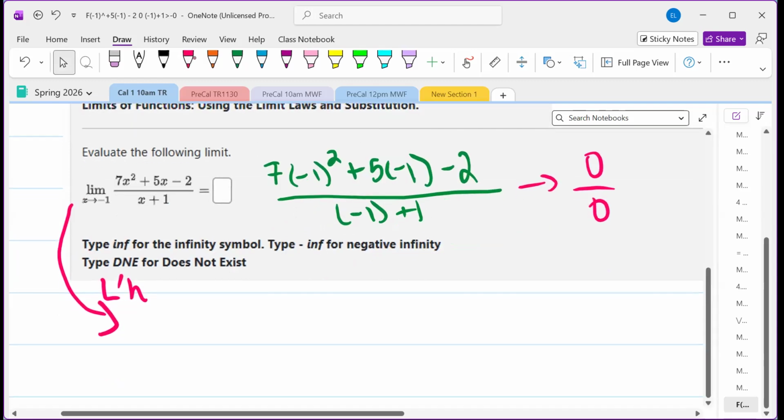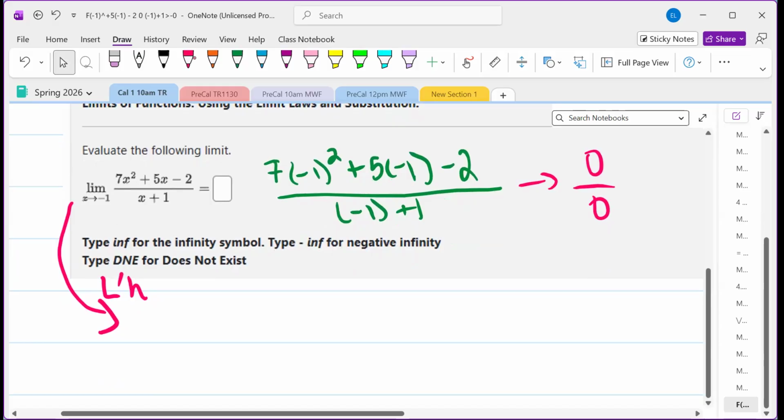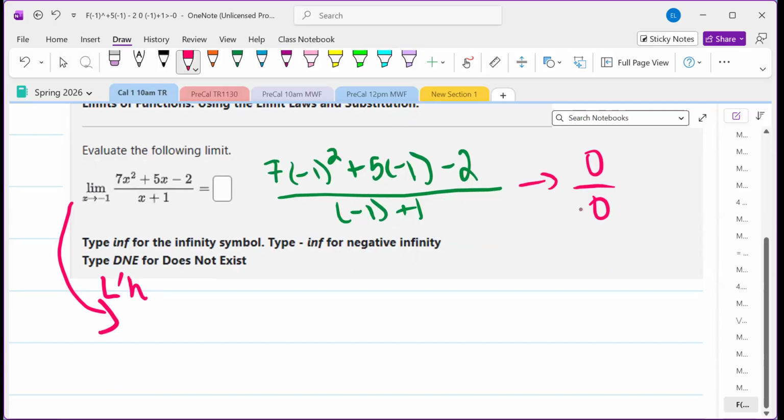Now, L'Hopital's rule is not just arbitrarily take the derivative. It has to be a fraction form where we get 0 over 0 or infinity over infinity. When that's the case, then I can take the derivative of the top and the derivative of the bottom separately. So I keep my limit.